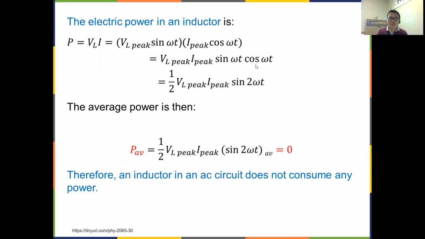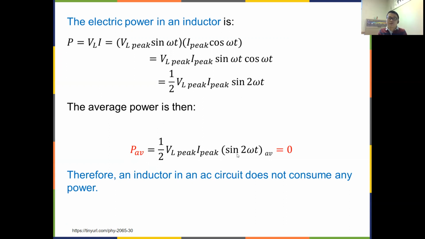Remember one of the trigonometric identities: sine theta times cosine theta is 1/2 of sine 2 theta, with theta being omega times t. Or, the other way around, sine of 2 theta is twice sine theta times cosine theta. So P equals 1/2 V peak I peak, those are constants, times a sine function. The average power will be the average of this sine function, not of the constants.